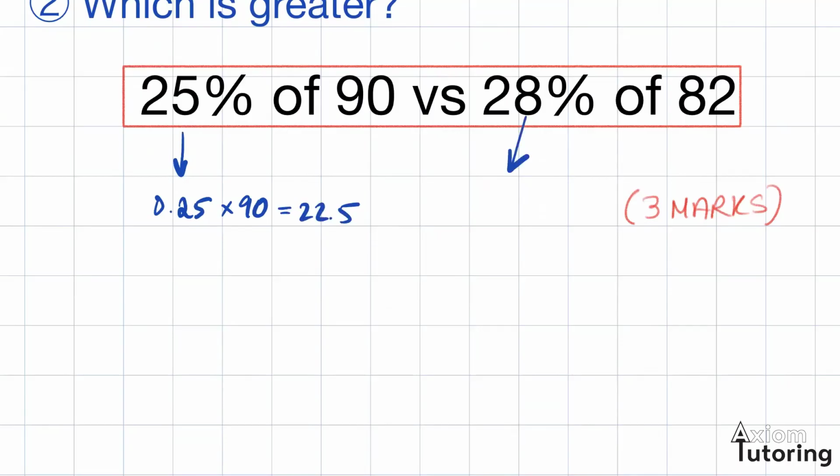Well, 28% as a multiplier is 0.28, and we multiply that by 82, and we get 22.96, and we can see that this is clearly larger. So 28% of 82 is greater than 25% of 90.